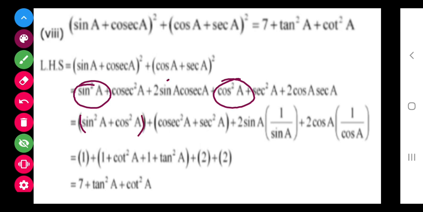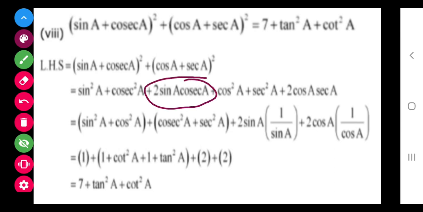Now cosec square a, sec square a are written here. If you see, cosec a is 1 upon sin a, so this can be cancelled. Similarly sec a can be written as 1 upon cos a, so this can be cancelled.